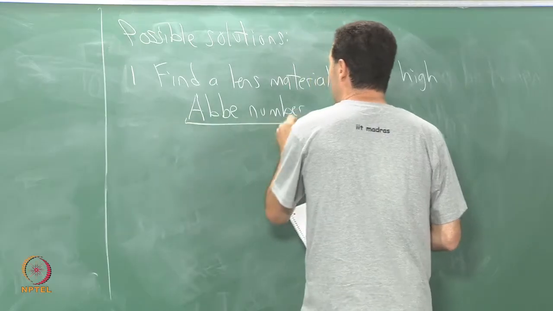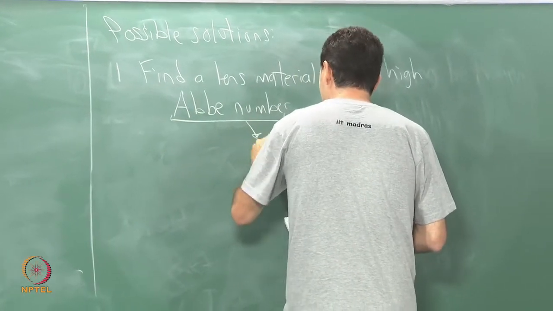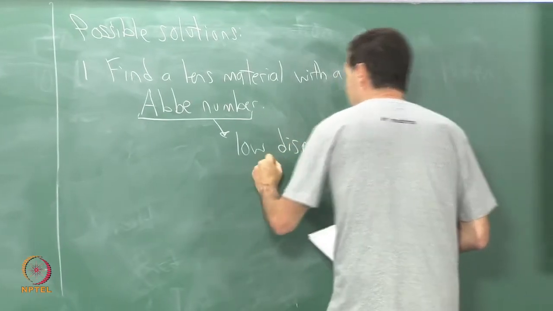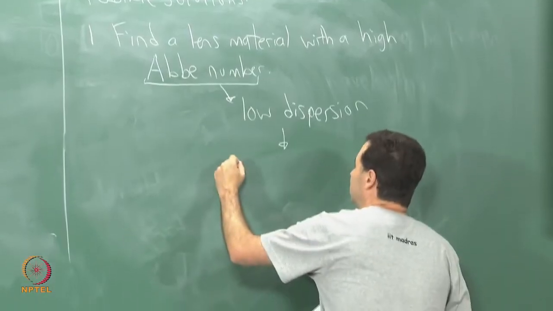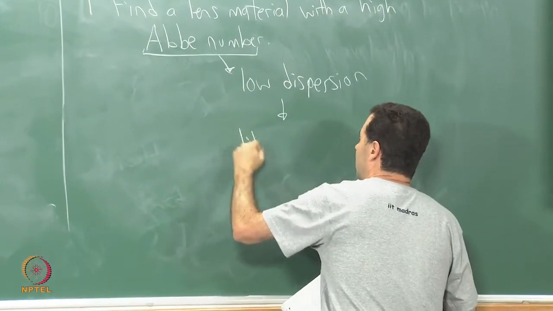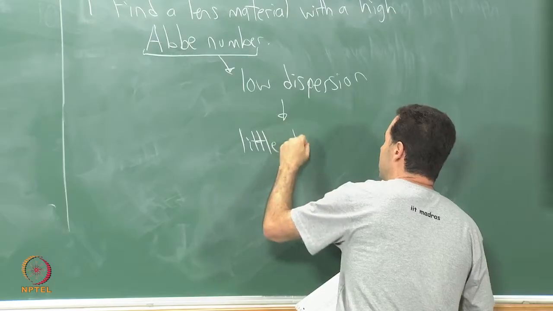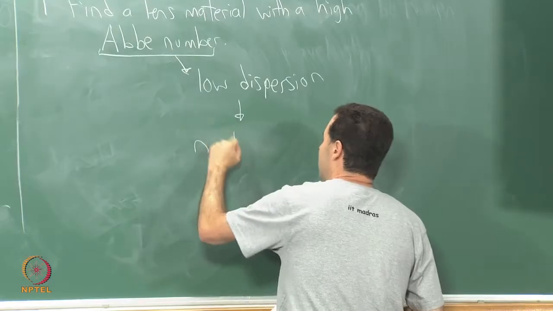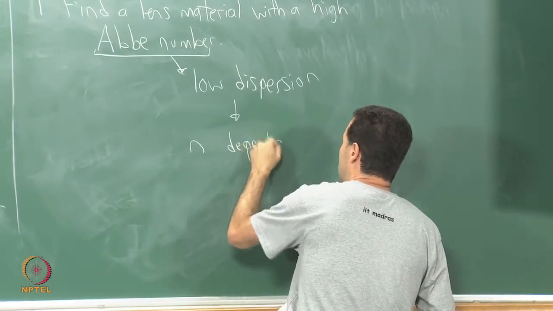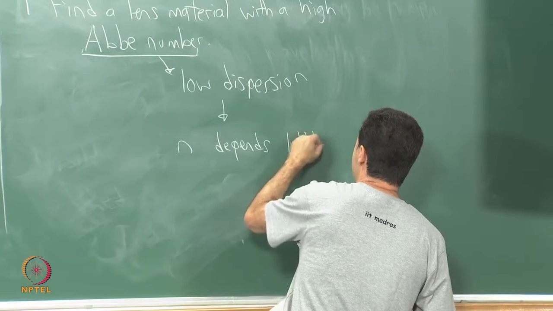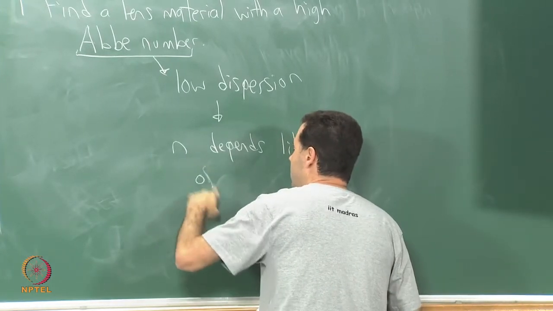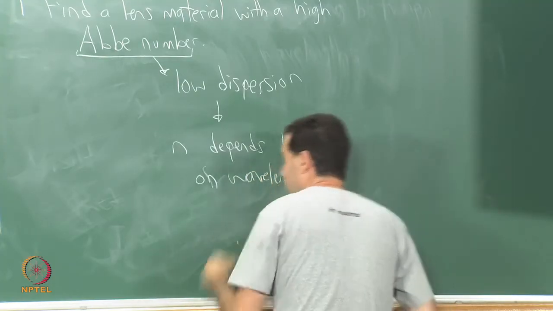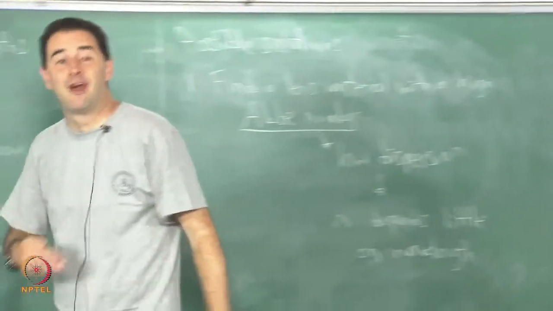What that means is that it's low dispersion. What that means is little dependency. Well, let me put it this way: the refractive index n depends little on wavelength. So there are some materials that refract the same way.